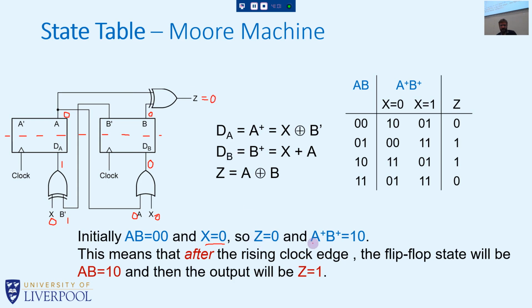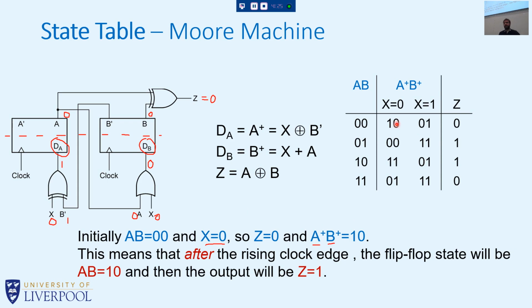And we know the next state, so this is A plus B plus, which is the same on a D-type flip-flop as saying the inputs of the flip-flops, D subscript A and D subscript B, they're going to become the next states. So after the tick of the clock, AB is going to be 1, 0. So we can say the next states of AB are 1, 0.